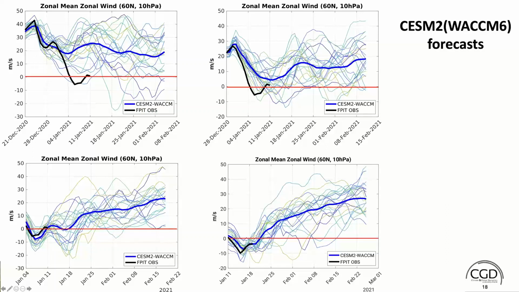You see on December 21st, one of our members did really well, and several other members were predicting a warming, perhaps some of them further on in January. Some of them maybe didn't quite predict the warming, but it was a weakening of the vortex, so we were on track on getting this.